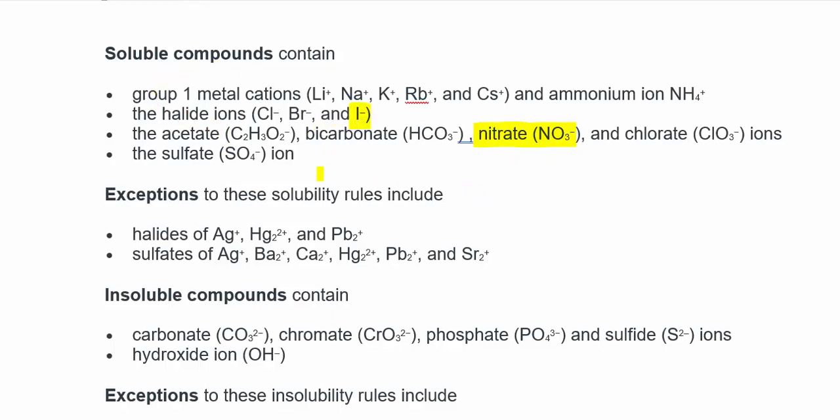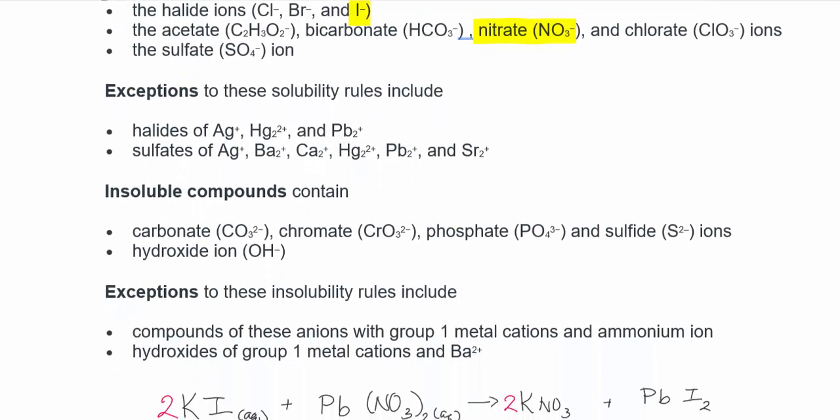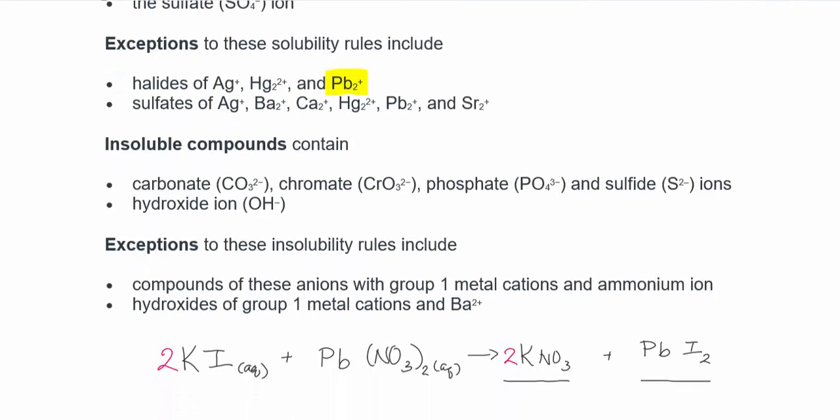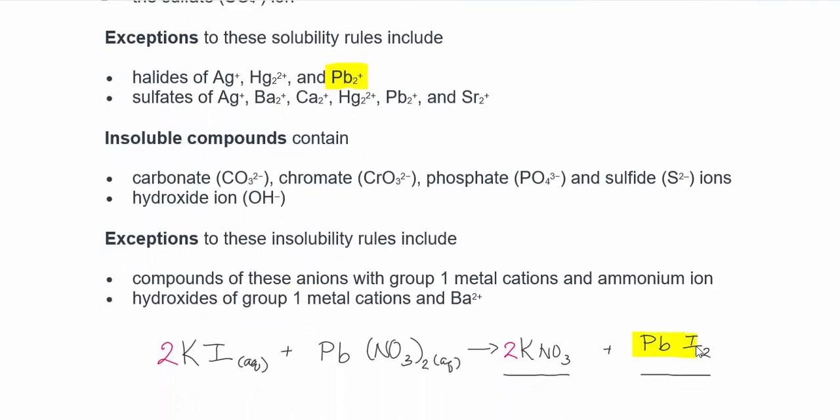Exceptions to the rules include halides of silver, mercury 1, and lead. That 2 is in the wrong place. So because this is lead 2 halide, that means this is a solid. It is a precipitate. This is an aqueous compound. It comes out of solution.